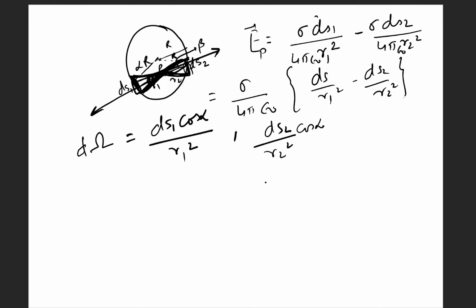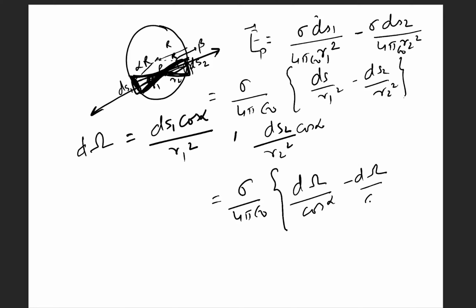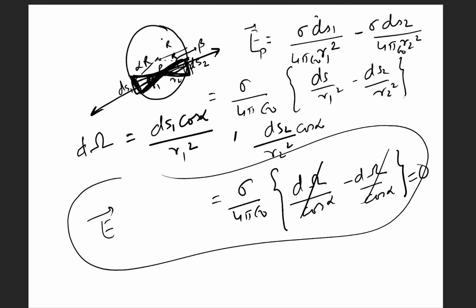So you see that in that sense we can write it as sigma by 4 epsilon naught, d omega by cos alpha minus d omega by cos alpha, which is equal to 0. This gets cancelled out. So you see, in this sense also we have derived that this field is 0 inside this shell if this shell is having a uniform surface charge density on it.